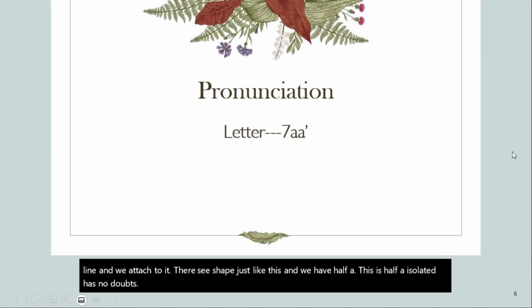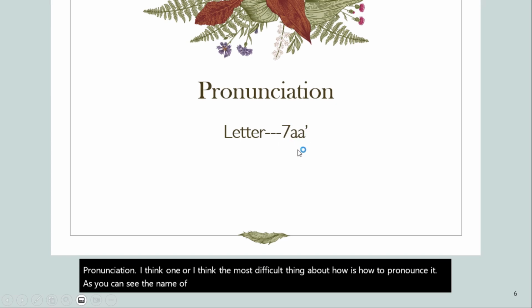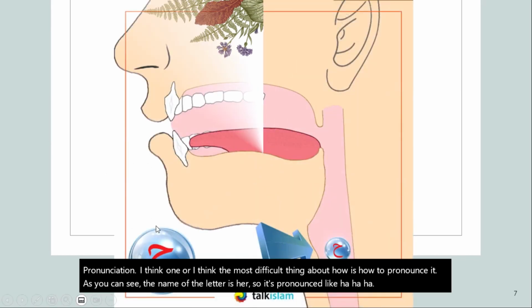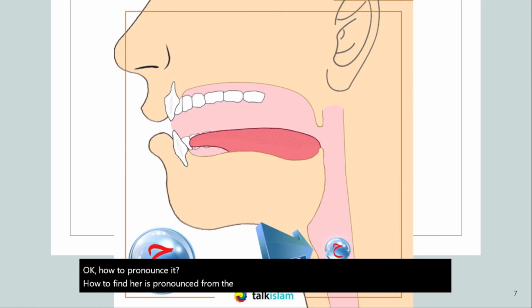Pronunciation. I think the most difficult thing about حرف الحاء is how to pronounce it. As you can see, the name of the letter is حاء, so it's pronounced like ha, ha, ha. Okay, how to pronounce it? حرف الحاء is pronounced from the mid of the throat, okay?